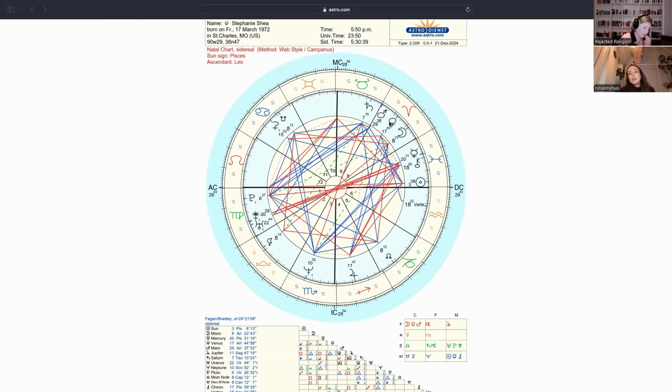A lot of those characteristics are also known to Sagittarius, because Sagittarius is about higher learning and long distance traveling, adventure and philosophy.